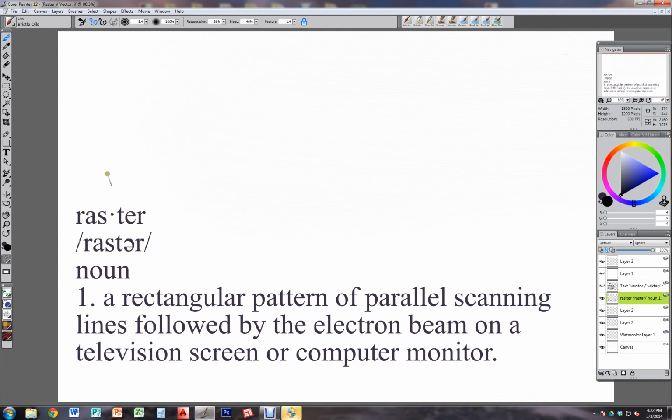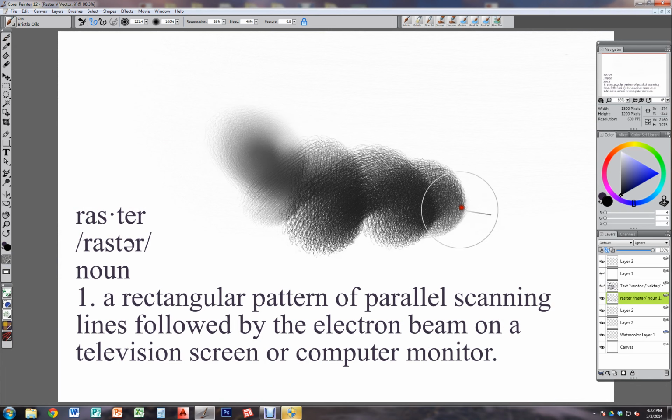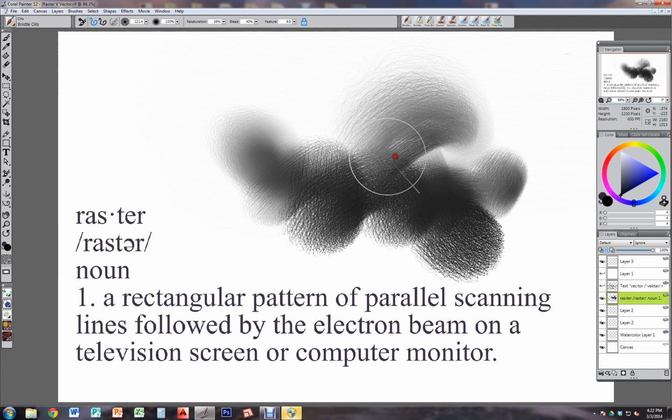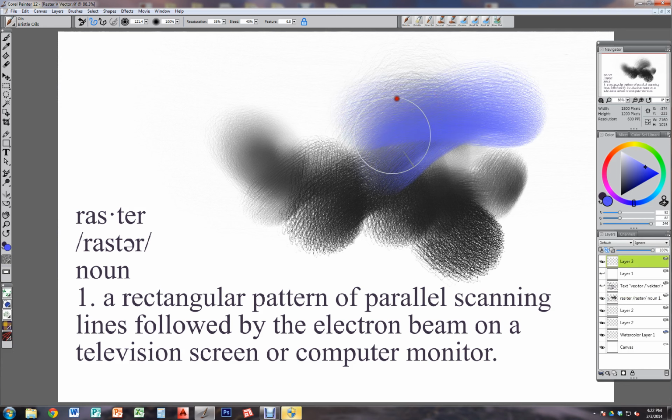But at the same time, your entire image is eventually going to be a raster image. And a single pixel on the surface can only understand so much information. It can only be one color at a time, which is why it's important to utilize different layers. Because if you want something to be a little bit black and a little bit blue, you can't have them be both at once. You either have to pick that medium color.